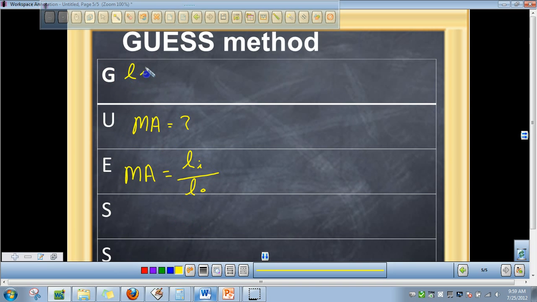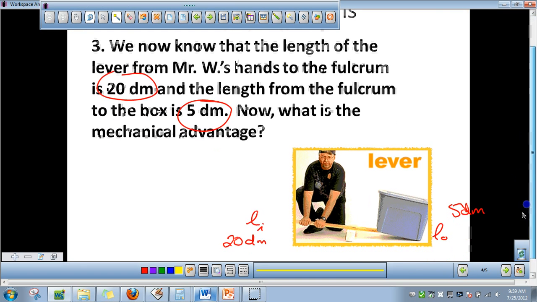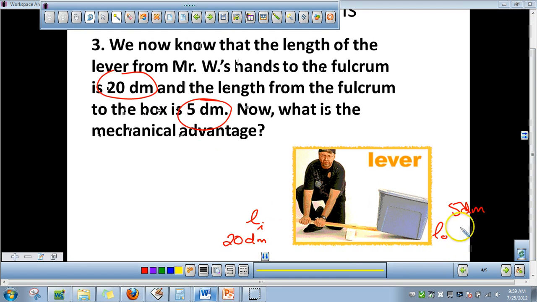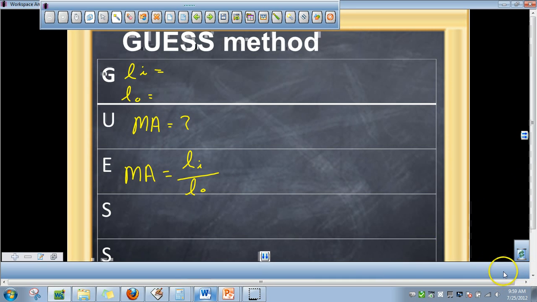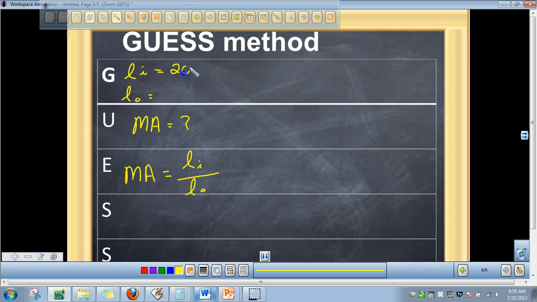That means our given information must be the input length and the output length. If we go back, we know that the input length is 20 decimeters and the output length is 5 decimeters. Make sure you use units with every number that is an actual measurement. The only thing you don't have to use units for is the mechanical advantage at the end.